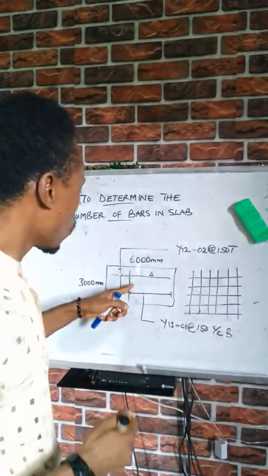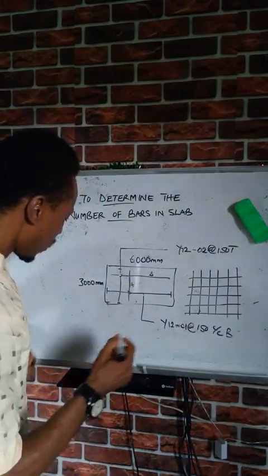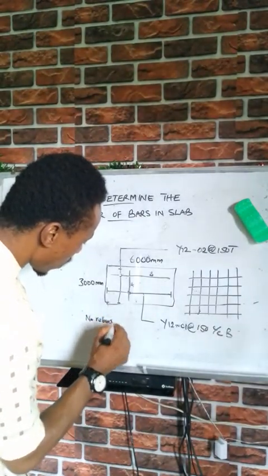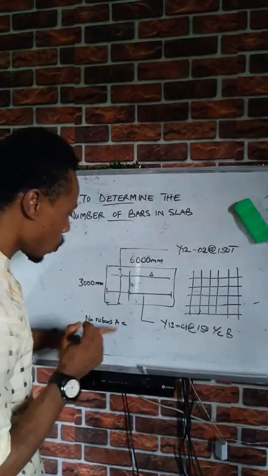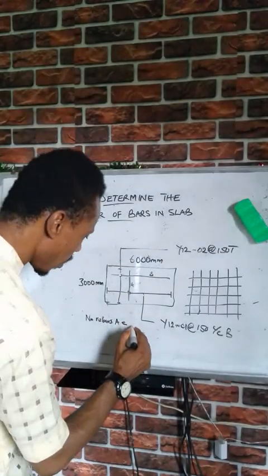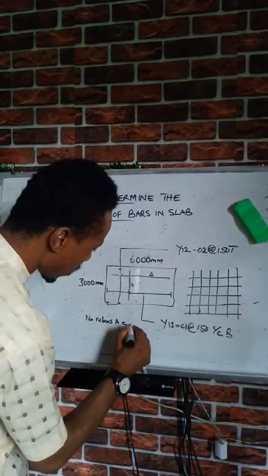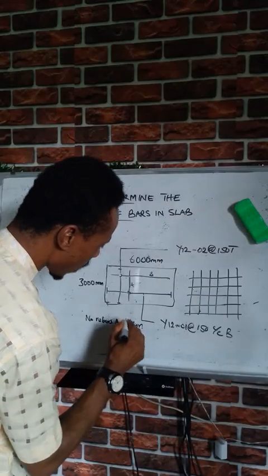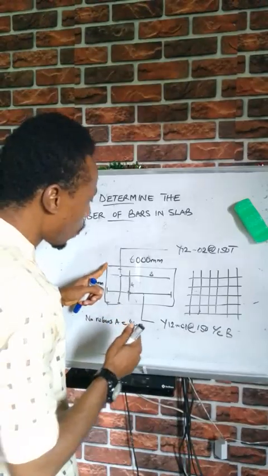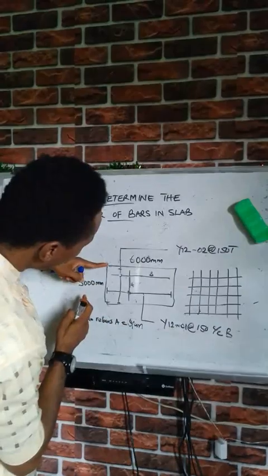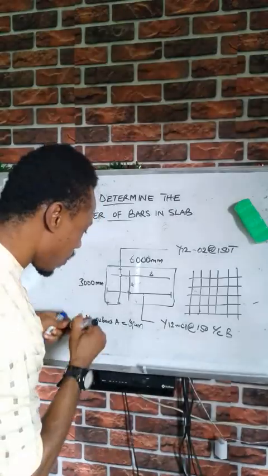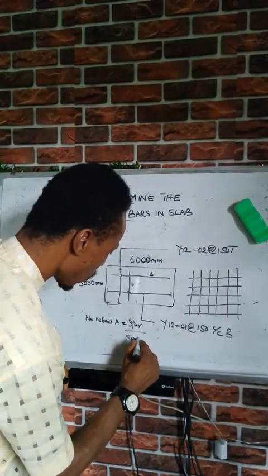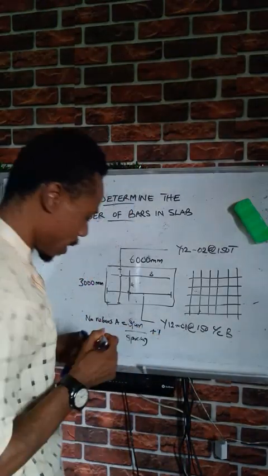For us to know the number of reinforcement for A, the number of rebars A is equal to the span, I mean the distance from this point to this point, and also from this point to this point, over the spacing, plus 1.